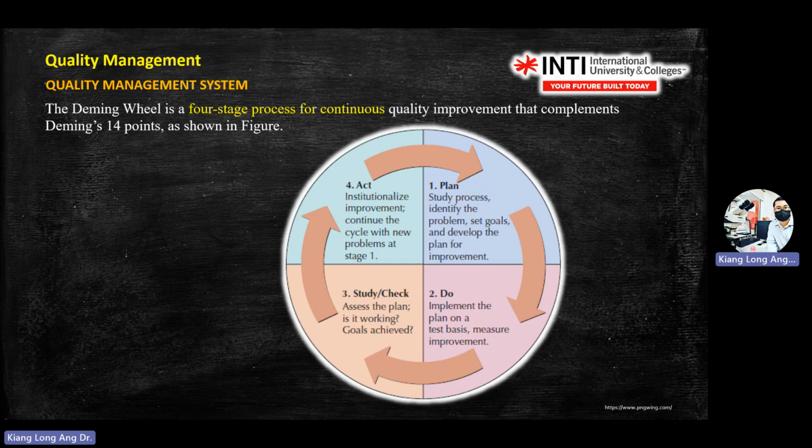This circle was introduced by Deming. Deming's 14 philosophies just now were the first famous one. The second one is this wheel, the 4-stage wheel, which is the foundation of the current QA system that you use in the manufacturing flow.